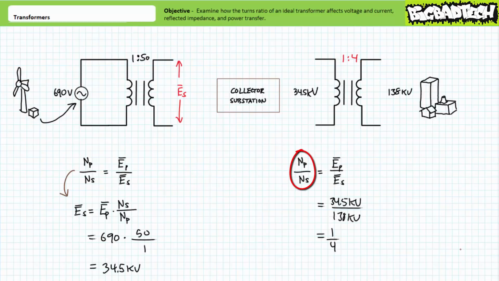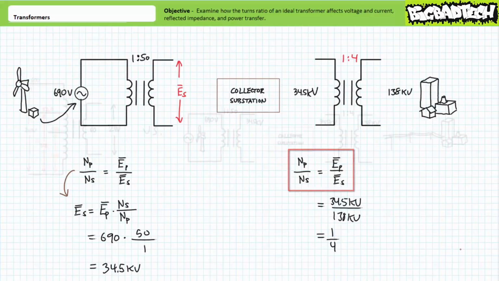The turns ratio is customarily expressed as the number of turns in the primary over the number of turns in the secondary, and not the other way around. Additionally, they're customarily expressed as ratios. Resist the temptation to simplify this to 0.25. Importantly, the turns ratio, primary to secondary, is directly proportional to voltage, primary to secondary.